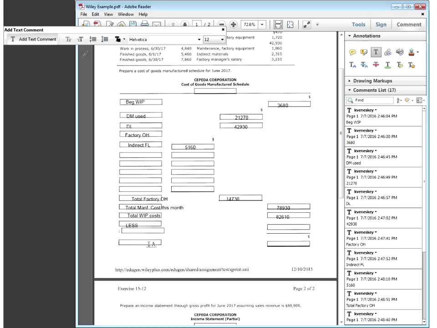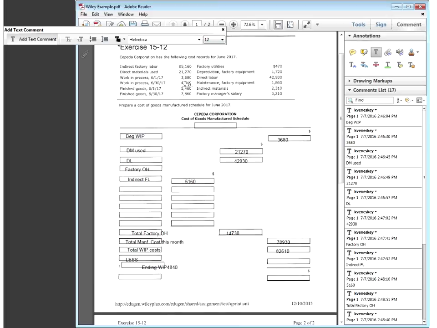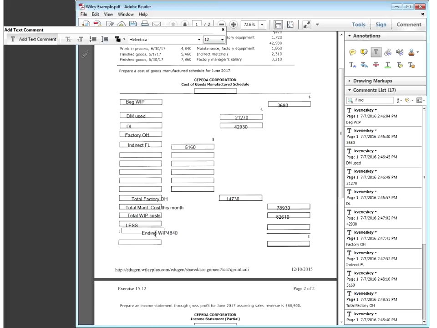And then remember, our last item is if I have $82,610 ready to be moved on, but I still have work in progress that needs to be finished. It's not quite done. Not all the 82 are ready to be done, because it tells me 4840 up here. We had the 4840.